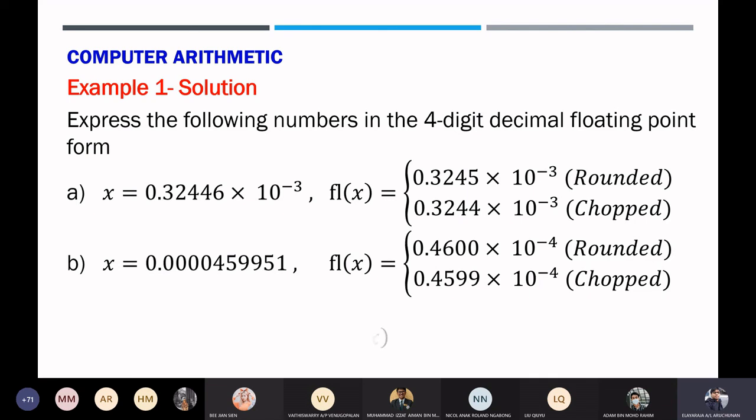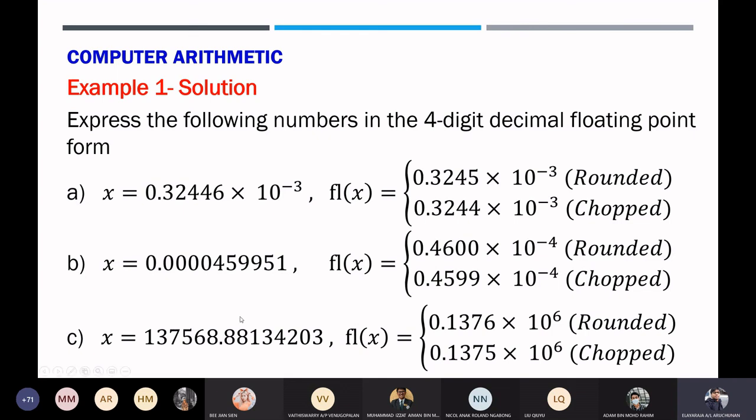Example 3, same thing. When we round up the 4 decimal floating point, it will be given as 0.1376 times 10 to the power of 6. If it is chopped, it will only give you 0.1375.